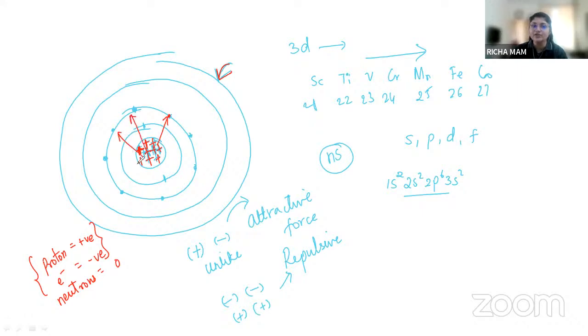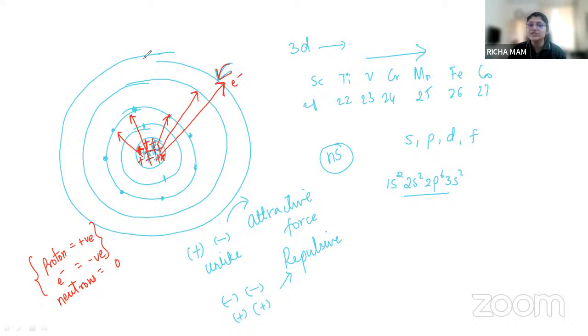So there is an attractive force, and it tries to pull the electrons from the outermost shell towards the nucleus. What is happening to the size? The size goes on reducing, so a decrease in size is observed.